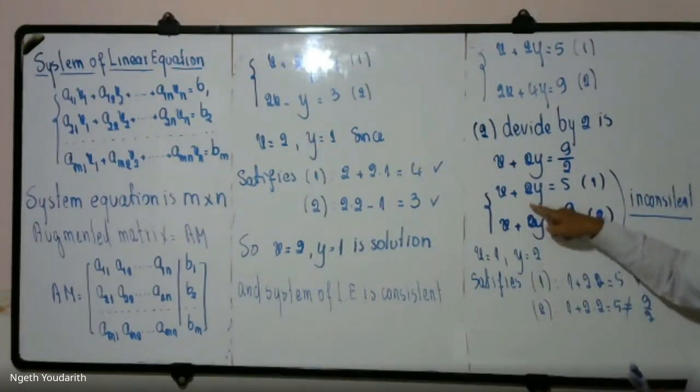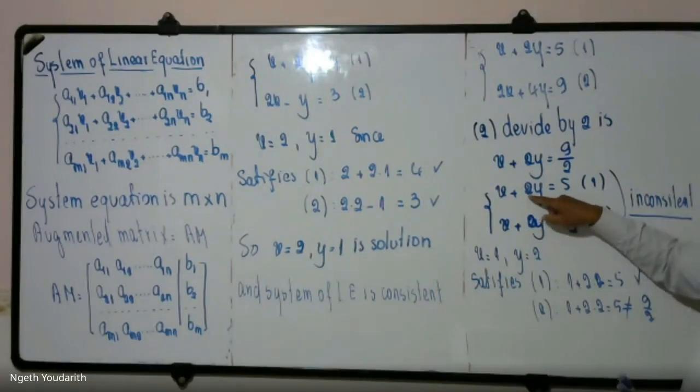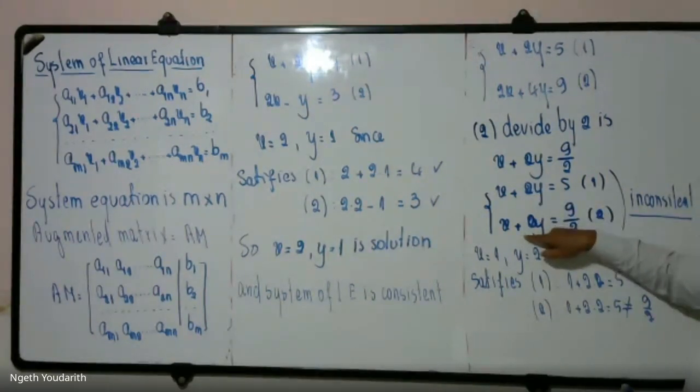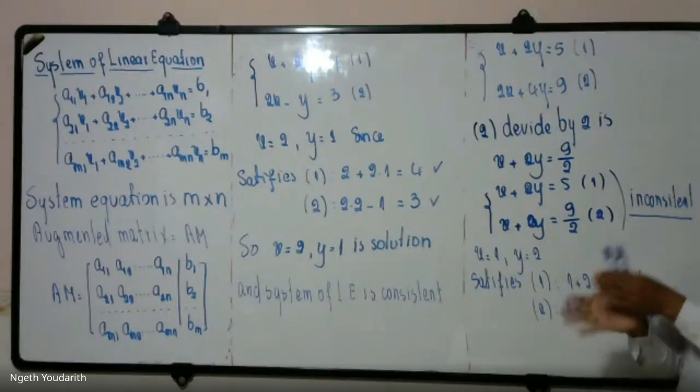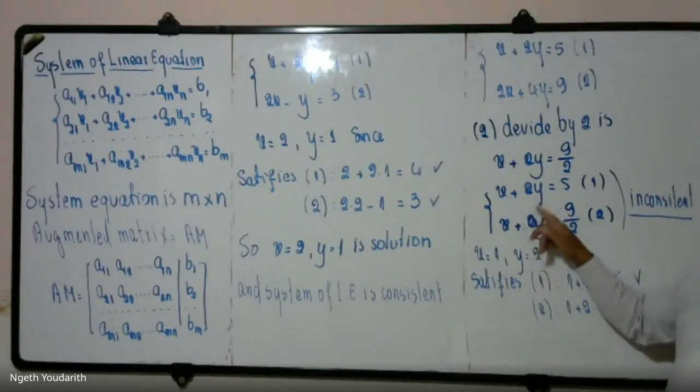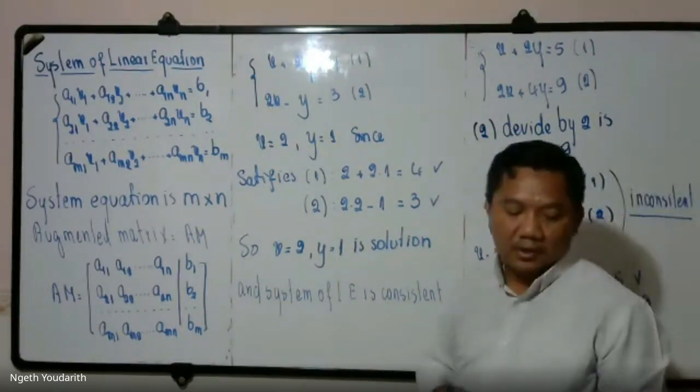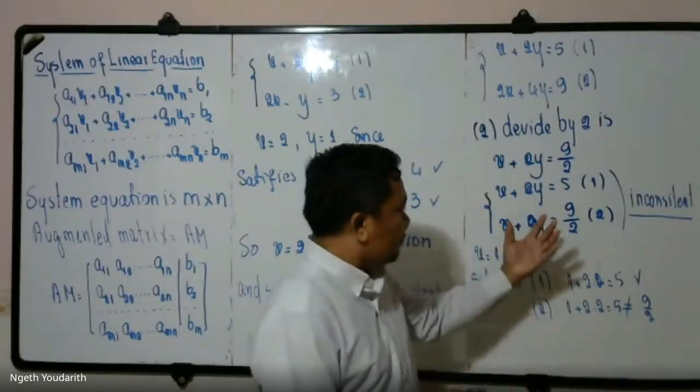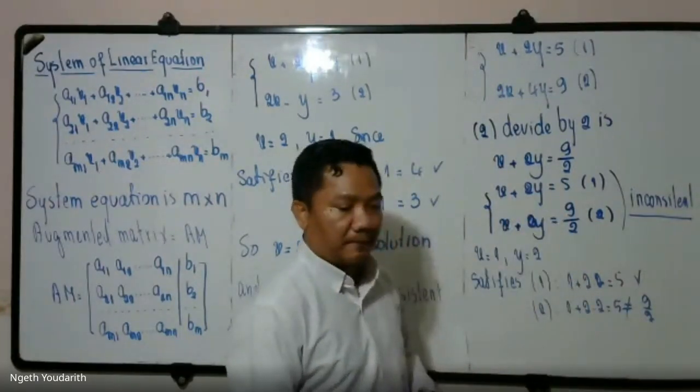And what about this system in the graph? What is the relationship between line 1 and line 2? How can you conclude if the equations have no solution?